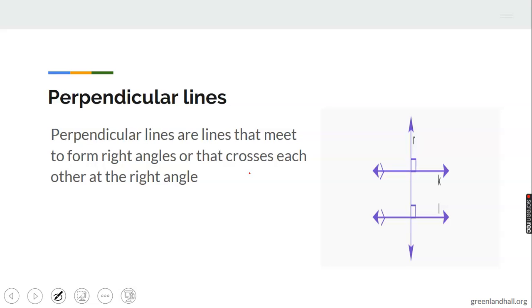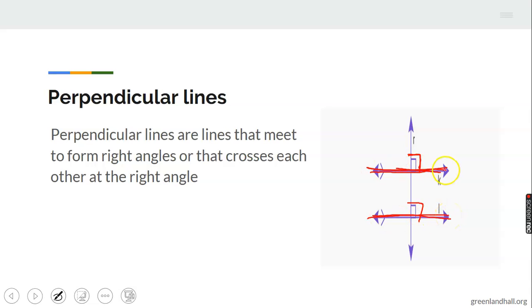Perpendicular lines are lines that meet to form right angles or that cross each other at the right angle. Look at this one. This is a perpendicular line because it meets at this right angle. Another perpendicular line meets at this right angle. So a perpendicular line is a line that meets to form a right angle or crosses each other at right angle.